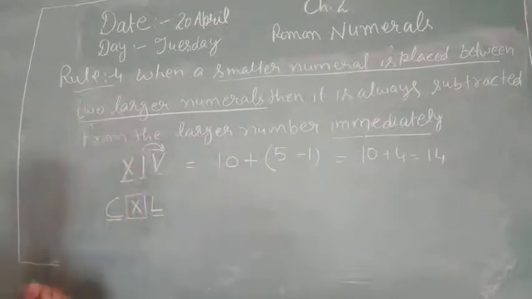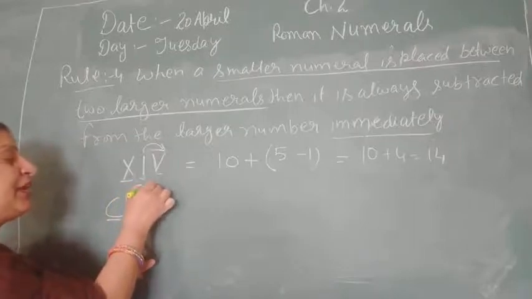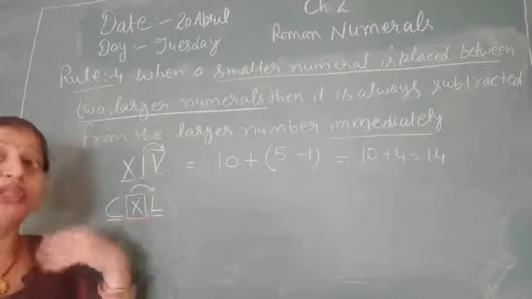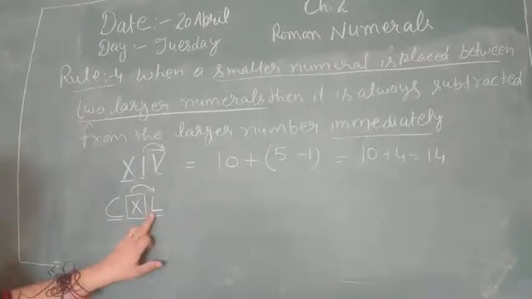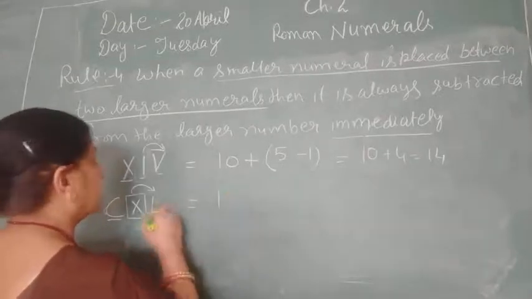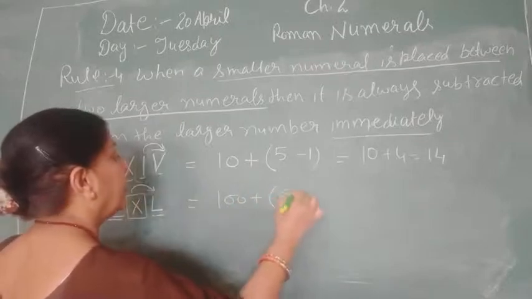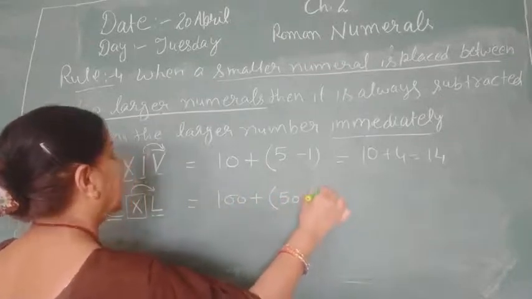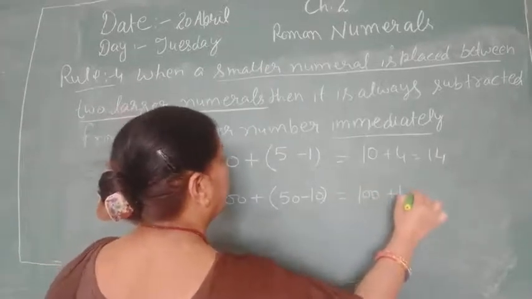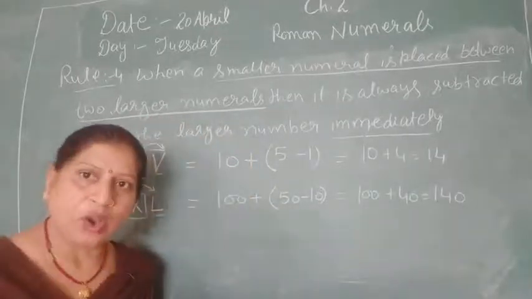So what we have to do? This X is subtracted from the immediately larger number. X के तुरंत बाद कौन सा नंबर आ रहा है? That is L. So we subtract X from L. And now here we write 100 plus 50 minus 10, that is equal to 100 plus 40, that is equal to 140. Now clear this one?